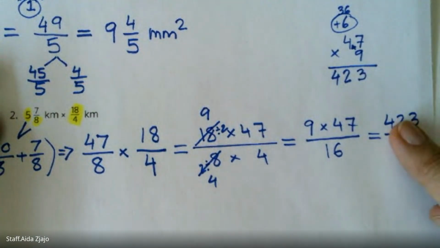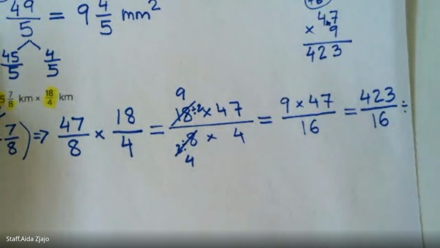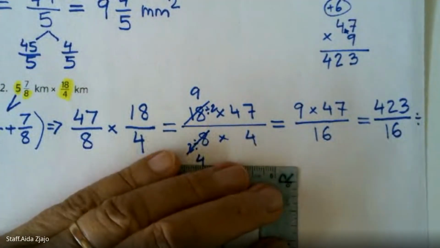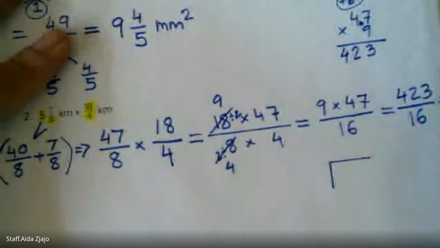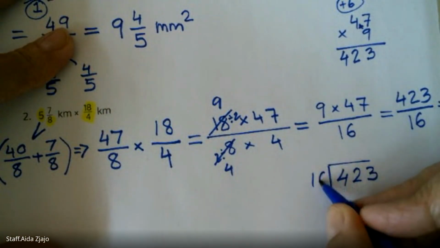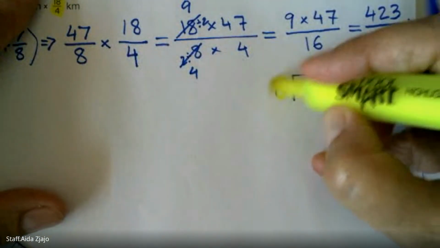How many 16ths are in this? A fraction is a division line. So let's do that. I divide 423 into groups of 16.